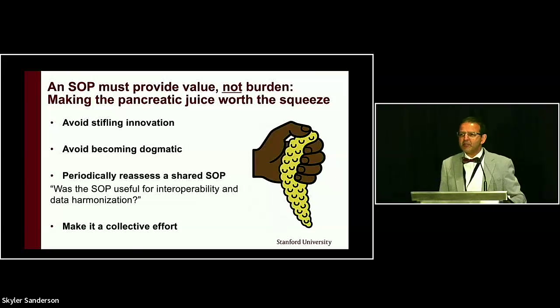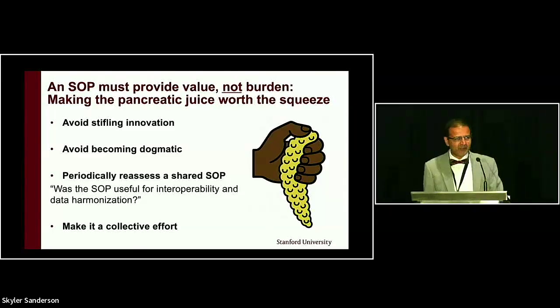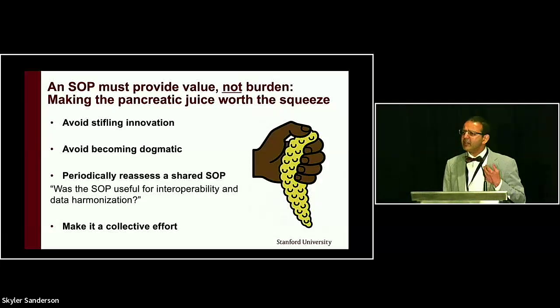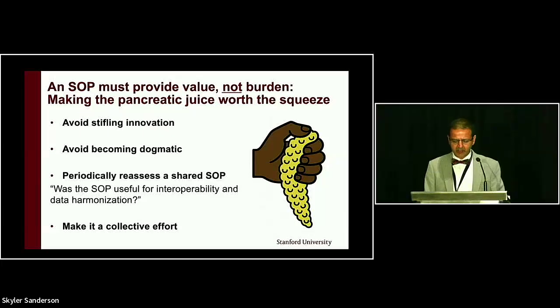An SOP must provide value, not burden, such that we make the pancreatic juice worth the squeeze, if you don't mind the cliche. The key principles are to avoid stifling innovation by allowing protocol deviations to be documented, by avoiding becoming dogmatic, by acknowledging the strengths and limitations of the SOP.